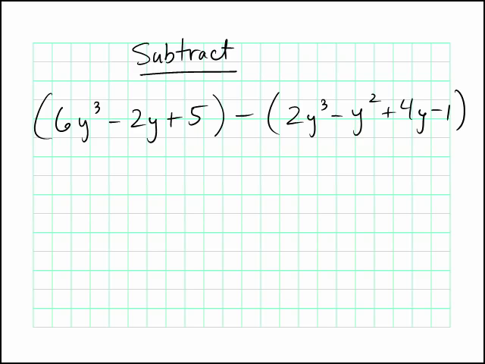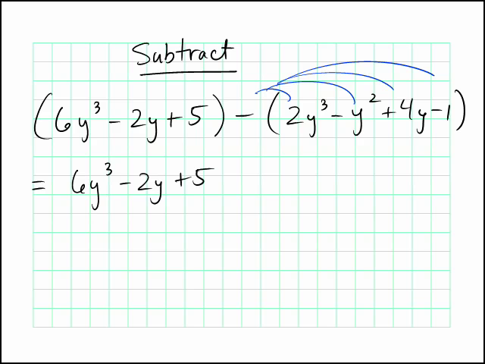Okay, so once again I have to distribute the negative sign, do everything in the parentheses, which then would give me 6y cubed minus 2y plus 5 minus 2y cubed plus y squared minus 4y plus 1.